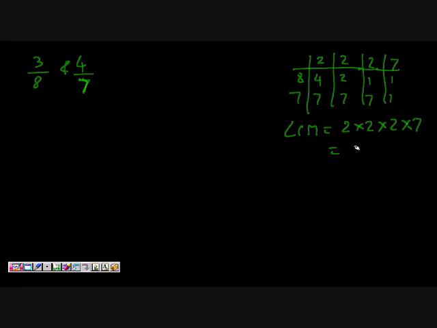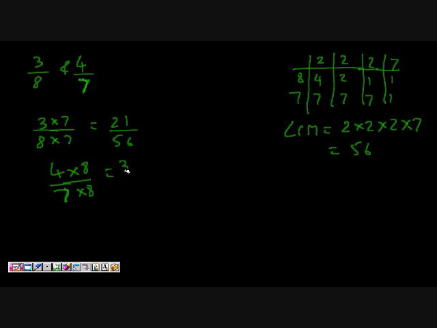So 8 goes into 56 7 times, so we multiply the 3 by 8 fraction, numerator and denominator, by 7, which gives 21 by 56. Then 7 goes into 56 8 times, so we multiply 4 by 7, numerator and denominator both, by 8, and we get 32 by 56.